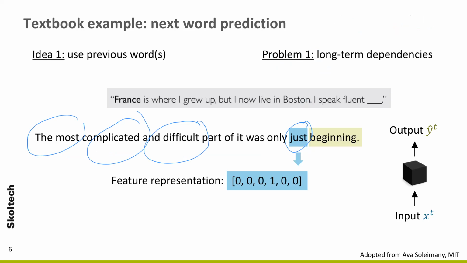In this example, you can see that it's crucial to see what's in the past to predict the future. Sometimes we should dive quite deep into the past, for example to get to friends from something like they speak fluent. Quite possibly it's French, but to answer the question of what the next word is, we should look at the previous sentence.